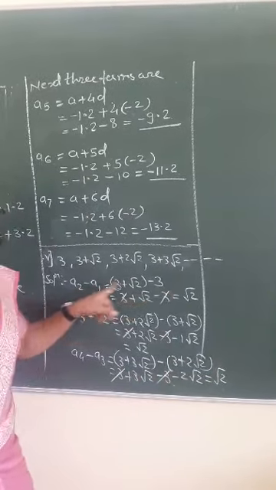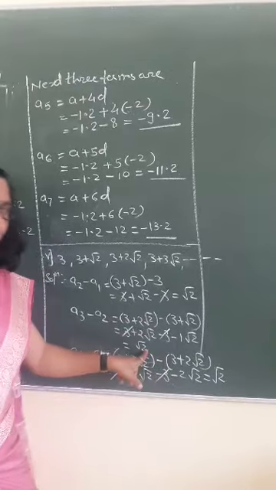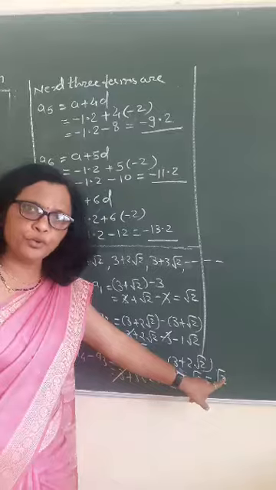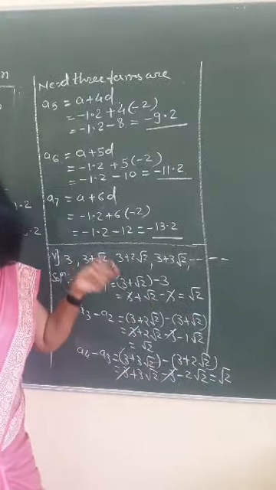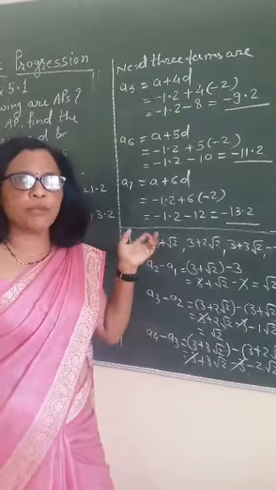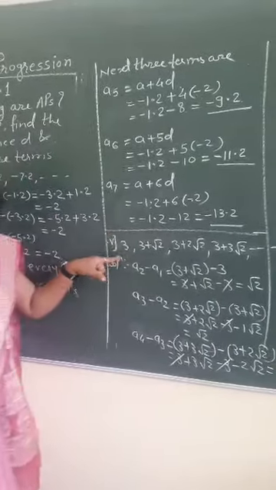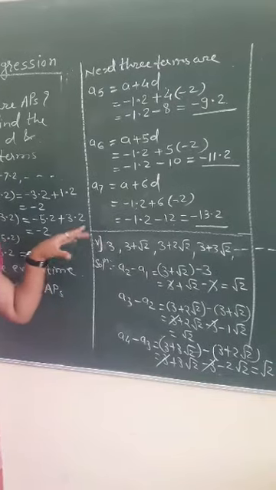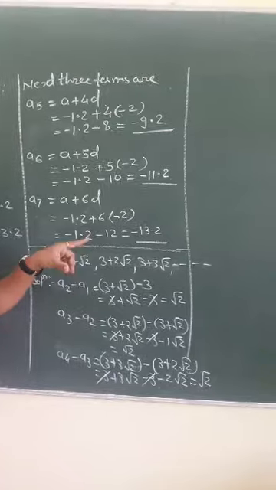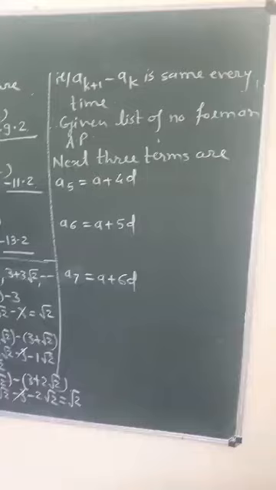Everywhere, A2 minus A1 is root 2, A3 minus A2 is again root 2, and A4 minus A3 is again root 2. So we can say that A(k+1) minus A(k) is the same every time. Therefore the given list of numbers forms an AP. Since it forms an AP, we have to find the next three terms, A5, A6, A7.